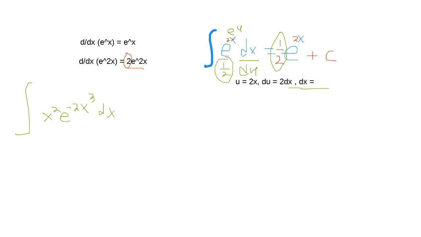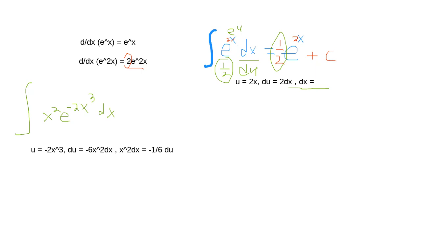Well, let's use u substitution. Okay, let u be negative 2x cubed. Then du equals negative 6x squared, right? That means we can rewrite dx, right? That means x squared dx equals negative 1 over 6 du.